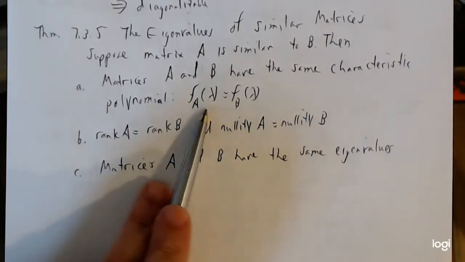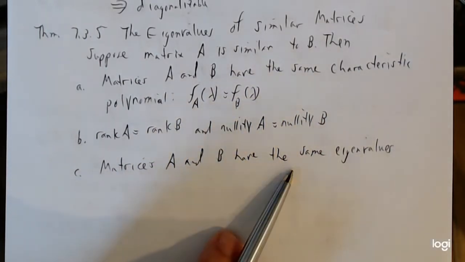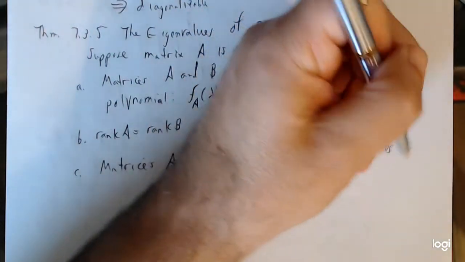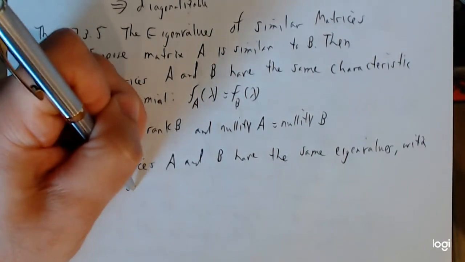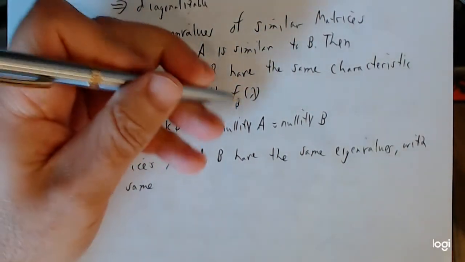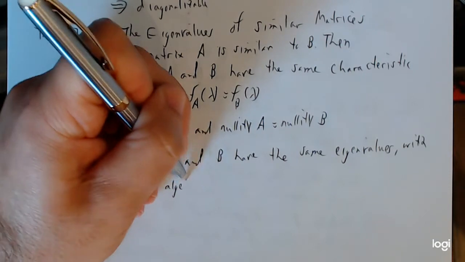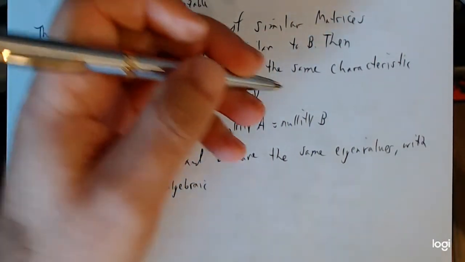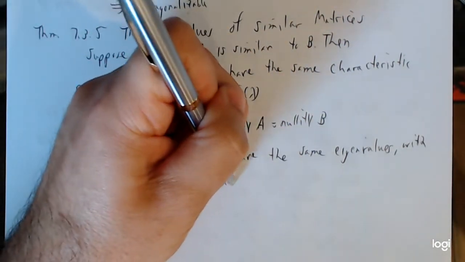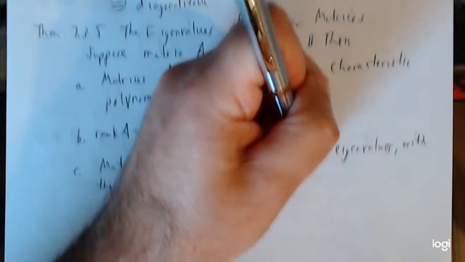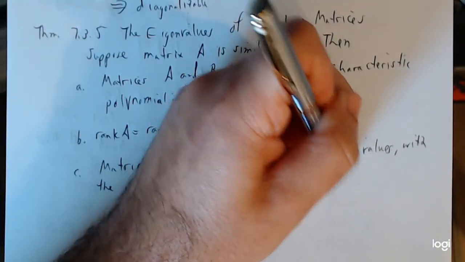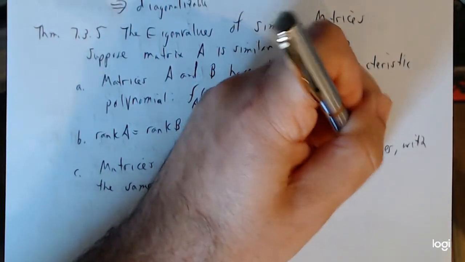If they have the same characteristic polynomial, then their eigenvalues should be the same. And then, if that's the case, they'll also have the same algebraic and geometric multiplicities.